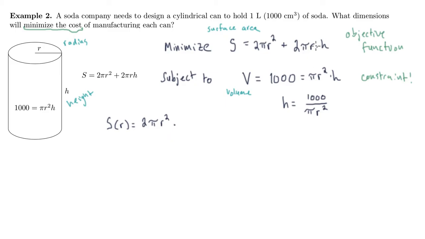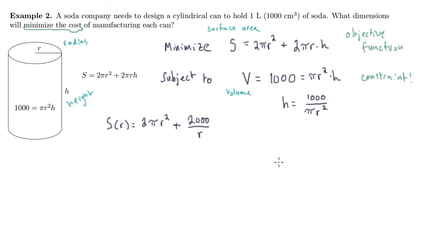The pi's will cancel, one of the r's will cancel, and I'm left with 2,000 over just r. Okay, so that's my surface area just as a function of the radius. And I don't need the height because the height will be determined from the radius based on this condition that the cylinder hold 1,000 centimeters cubed.